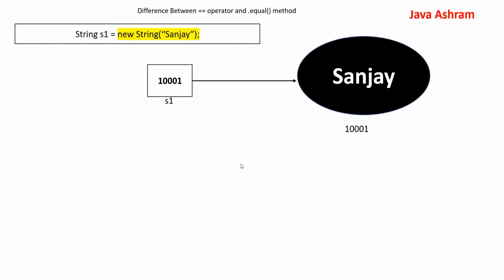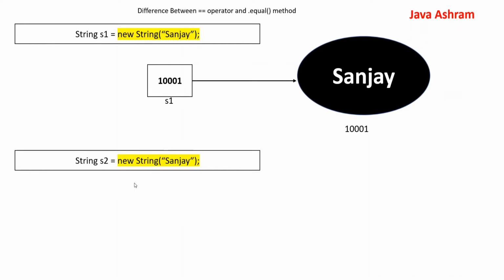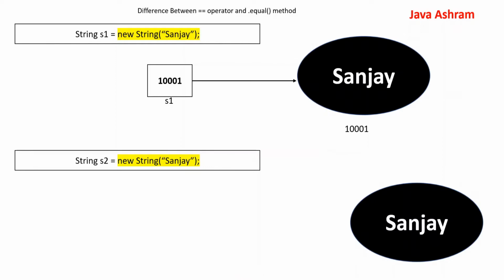Now let's see the other line of code. Suppose you are writing String s2 is equal to new String Sanjay. This yellow highlighted line, the JVM will interpret and create another object in heap memory, and it will have an address. Let's assume the address is 10003.